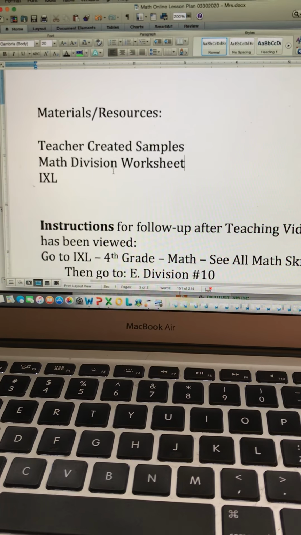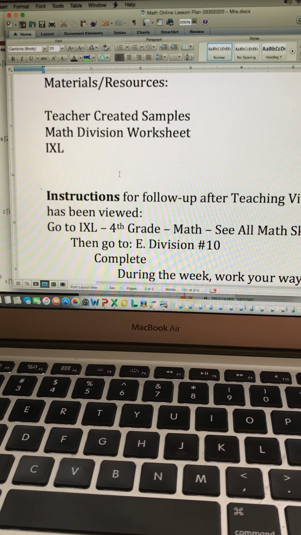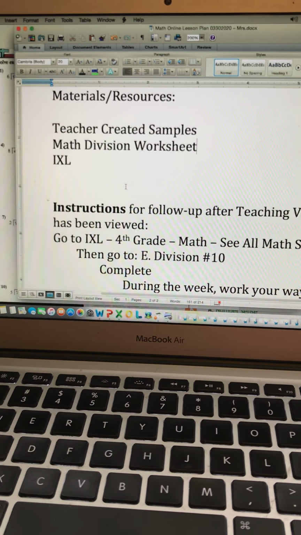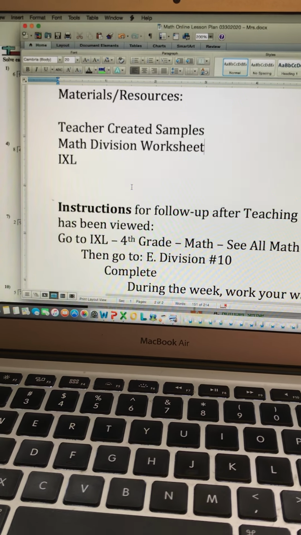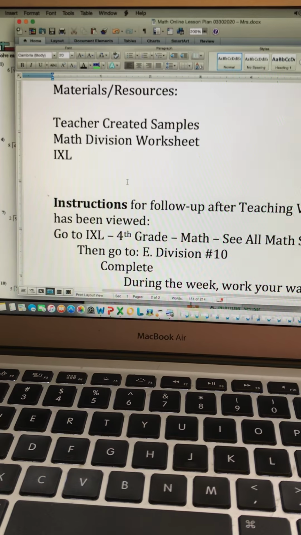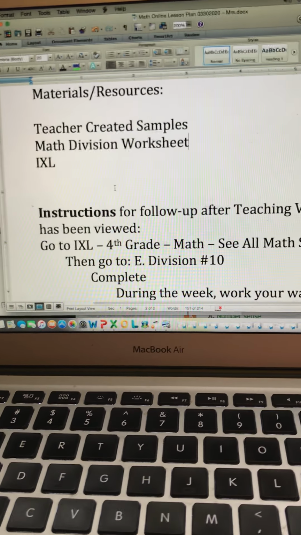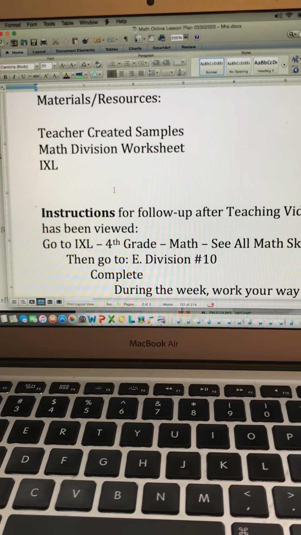Okay? We're going to have a teacher-created sample. That means I'm just going to have a problem that I'm going to work out with you. And then we're also going to have a division worksheet, which you will copy down the problems and work on your own.